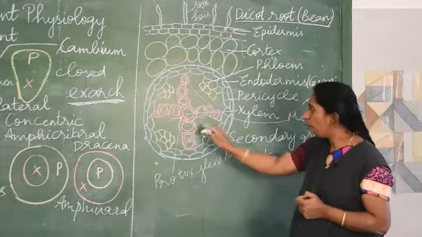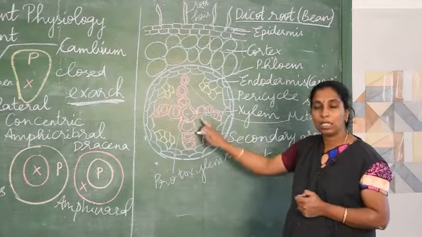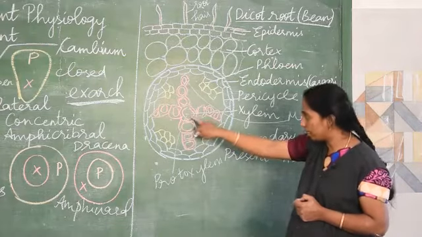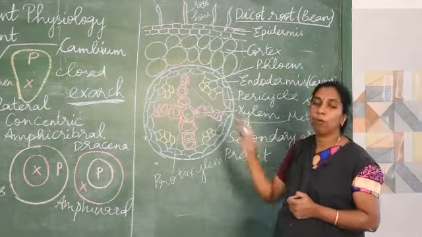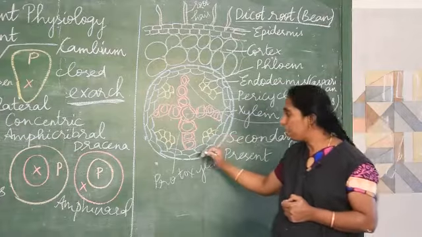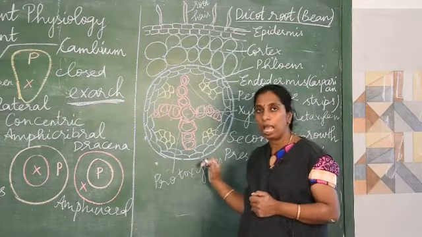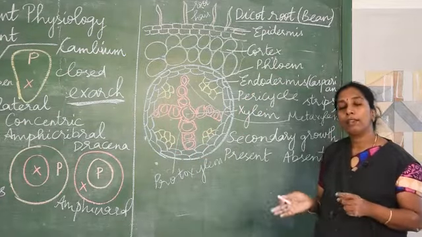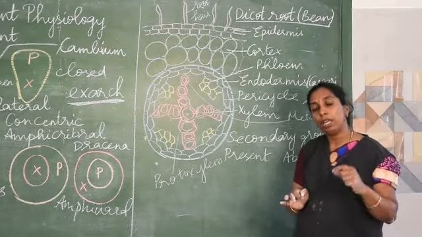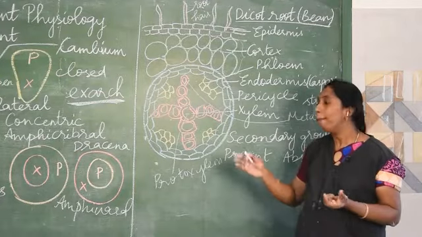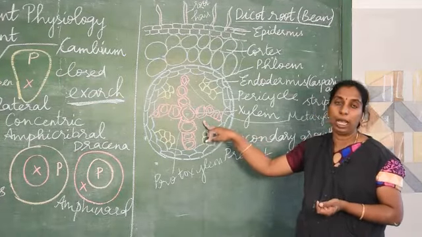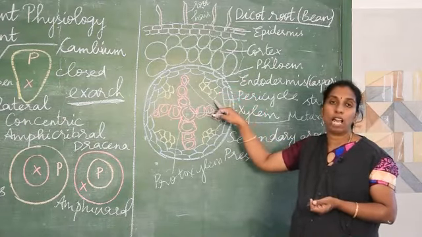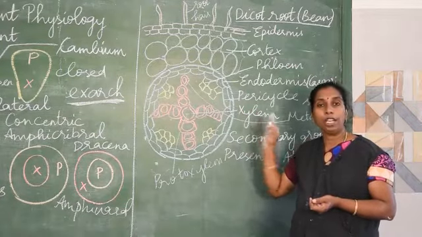Exarch means protoxylem in the center and metaxylem towards the periphery, usually seen in roots. And the reverse, in stems: metaxylem is towards the center and protoxylem is towards the periphery, and that condition is called endarch, which is seen in stems.